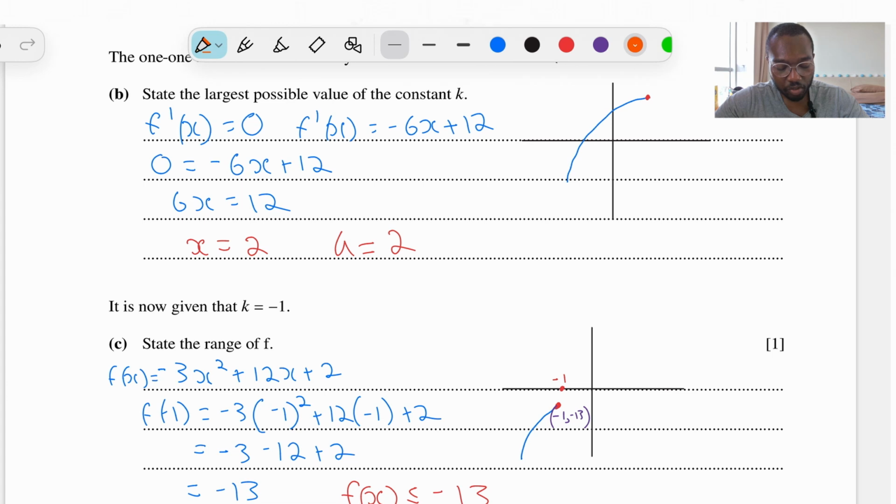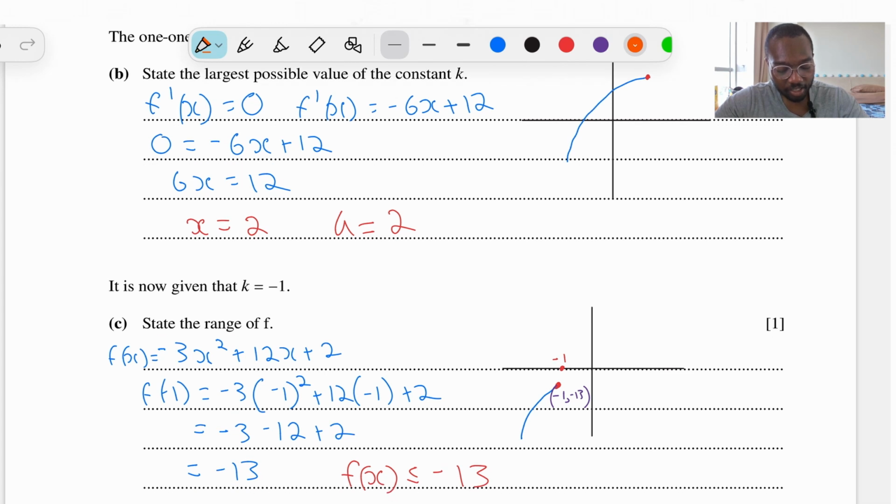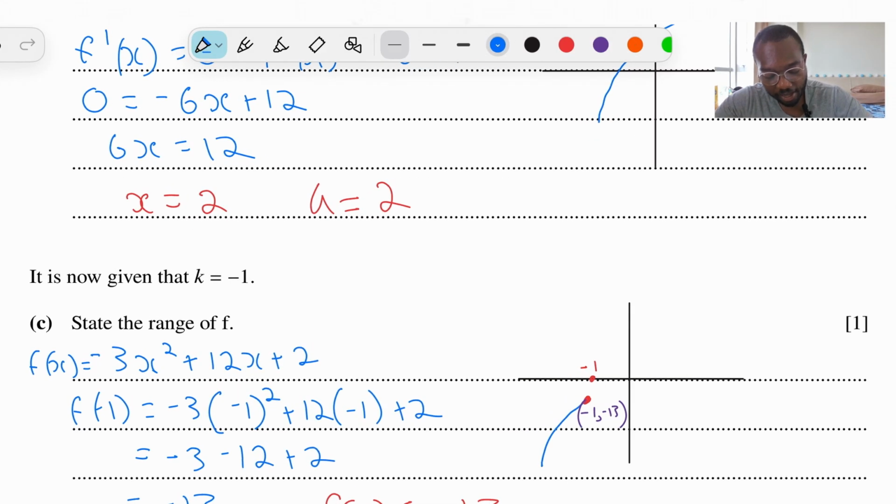So going back to the previous question, for part C, we are now given that k is equal to minus 1. Now, what does that mean? That means that when we were dealing with f of x before, we know the domain is when x is less than or equal to minus 1, because they tell us that k is equal to minus 1.